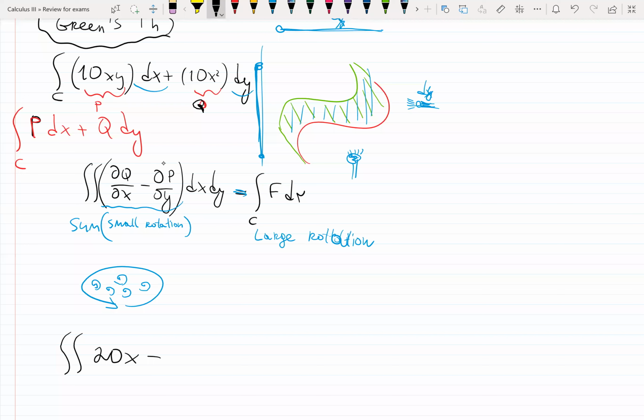Then dy dx, and you figure out these limits using parameterization. That is what I wanted to explain. Sometimes you just know the area. If they say it's above a circle or a square with the given numbers, you just know the area right away. So that's a shortcut to this problem.